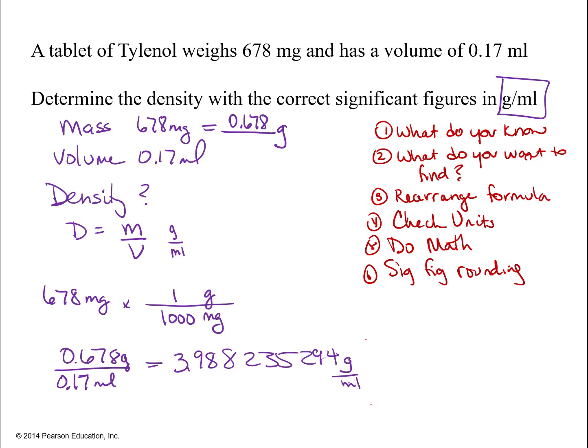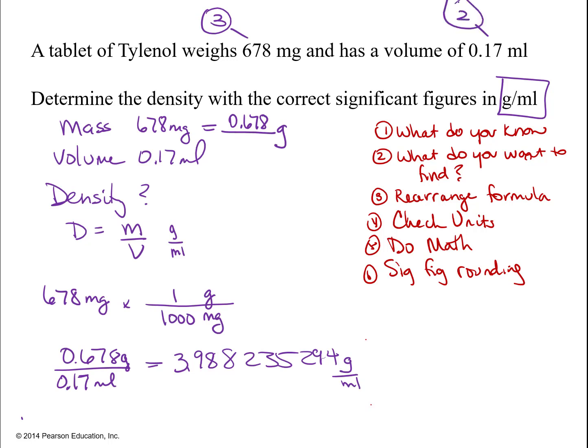Can I keep all those? No. Okay, so now you got to go back up to the problem. How many significant figures does my answer need? 2. 3 significant figures here. 2 significant figures here. So that 1 and the 7.